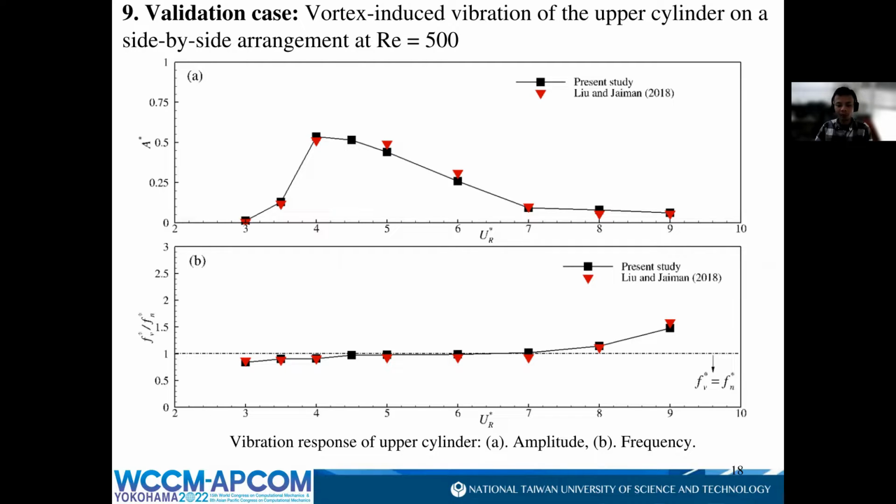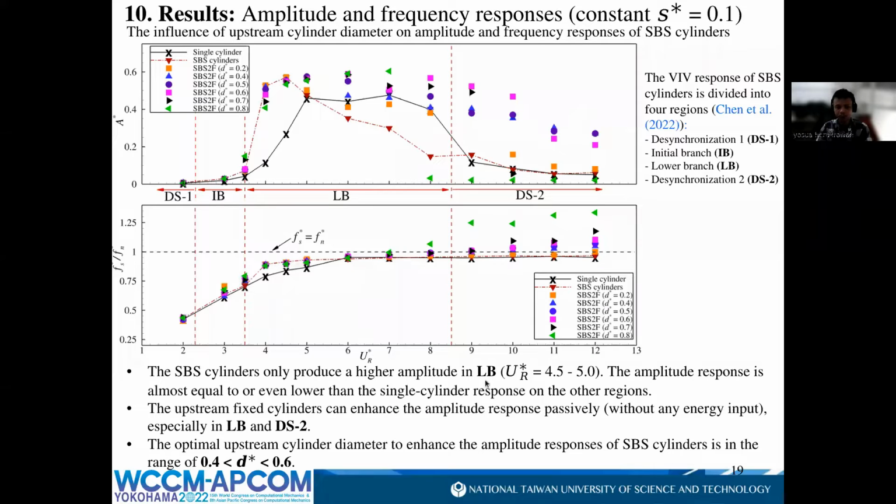Our solver, our Tigers solver, can predict the VIV response, the amplitude, and the frequency response with very good results. Only for UR equal to 5 and 6, we get an under prediction, but overall for the range from UR equal to 3 until 9, we can predict the amplitude and the frequency with the correct result.